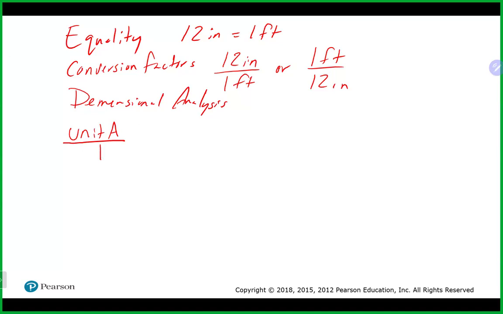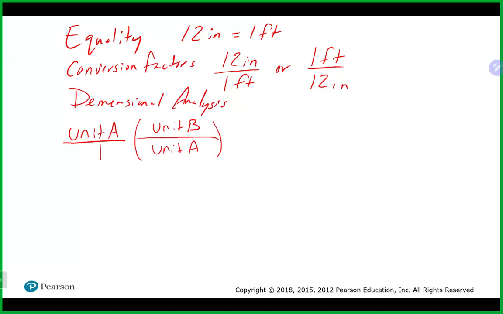And remember, when you're doing dimensional analysis, it's all about opposites cancel. If you want to get rid of a particular unit that you no longer need, you need to put that same unit in the opposite location. For example, if we had a conversion factor with unit A in it, we would need to go in the opposite location to get rid of that, and unit B might be what we're looking for.